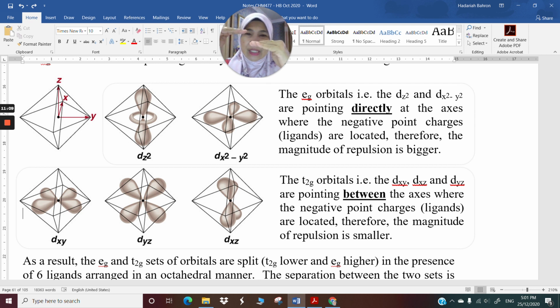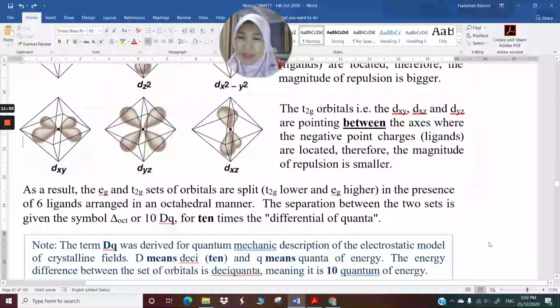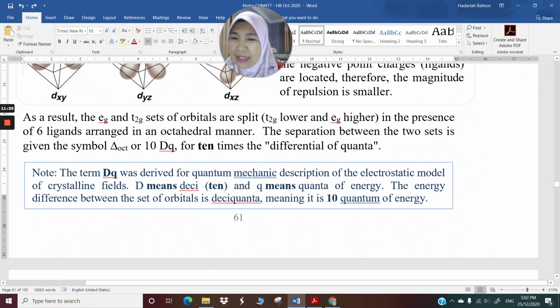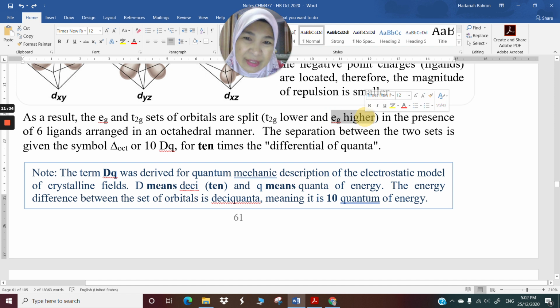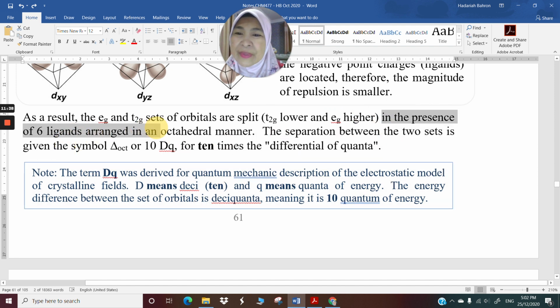This is your dxy orbital sitting here on a lower energy level, which is the T2G, and this is your EG orbitals. As a result, the EG and T2G sets of orbitals are split. The T2G lower and the EG higher energy level in the presence of 6 ligands arranged in the octahedral manner.